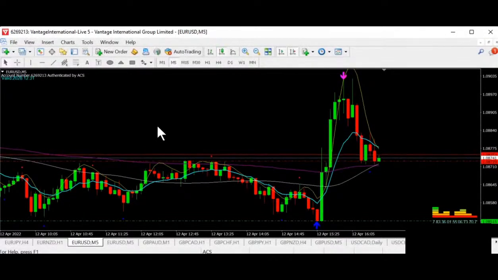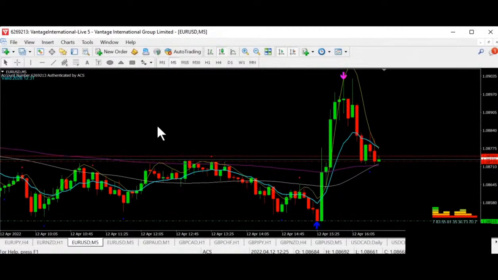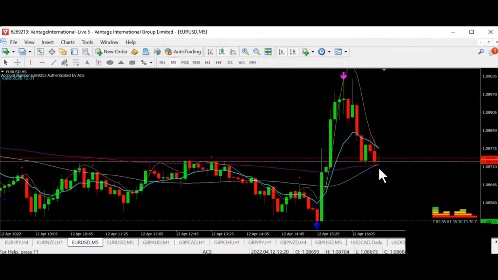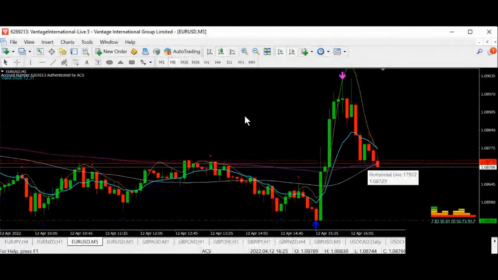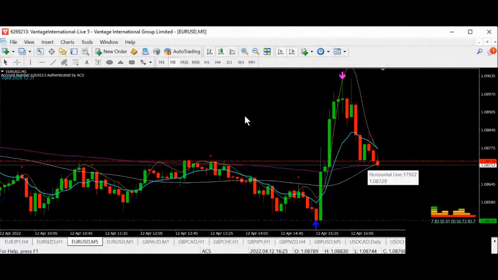So can I enter a trade like this? I would say if the candle can break below the lines, yes, you can. For example here, right now, it looks good.